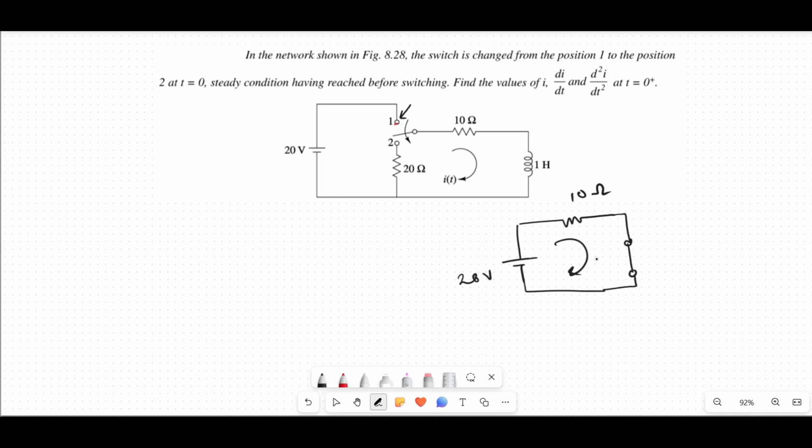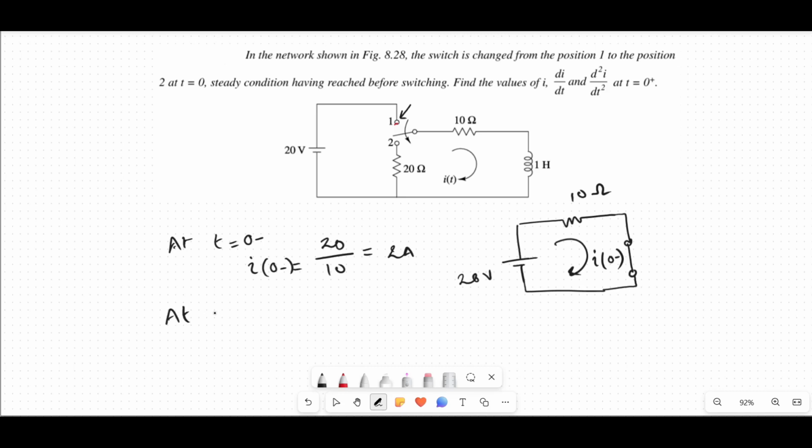So this is the initial circuit, which we can consider as I0 minus. At t equals 0 minus, the voltage is 20 volt and the resistance is 10, so the current is 2 ampere, right? This is the current at t equals 0 minus.